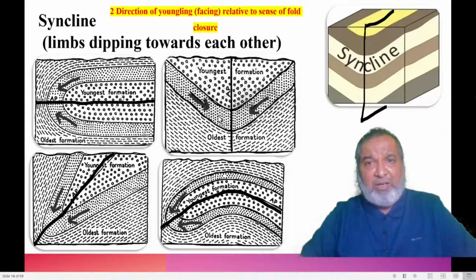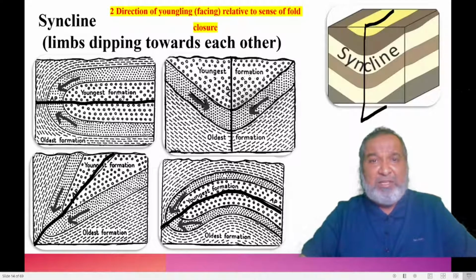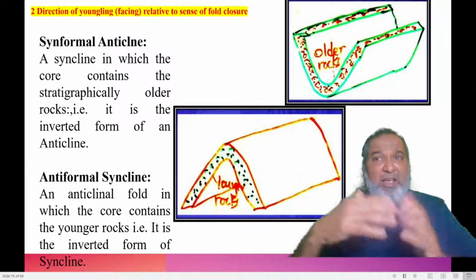Axial plane is vertical, limbs are dipping towards each other. You can see axial plane vertical, horizontal, limbs are dipping towards each other. Axial plane is inclined, limbs are dipping towards each other. Axial plane is curvilinear, and this is the block diagram showing the axial plane is vertical. So that is the anticline and syncline.